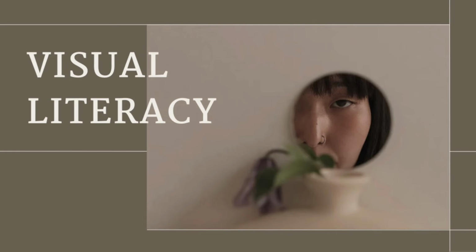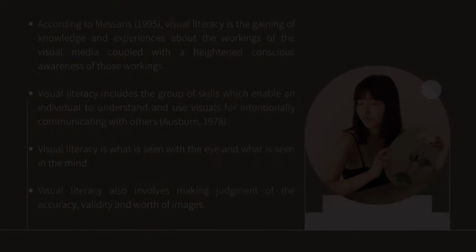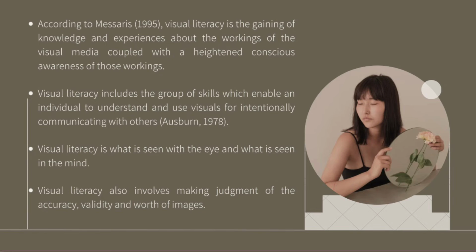Our presentation is about visual literacy, and this will be discussed first by Johanny. According to Osborne, 1978, visual literacy includes the group of skills which enable an individual to understand and use visuals for intentionally communicating with others.